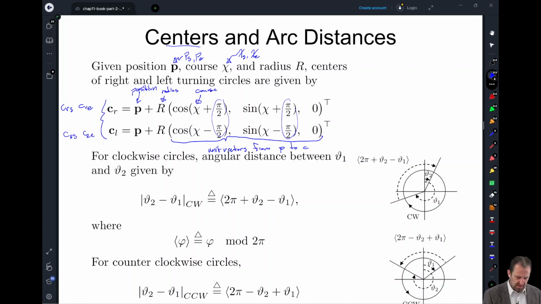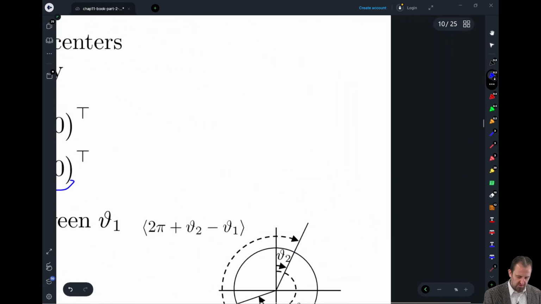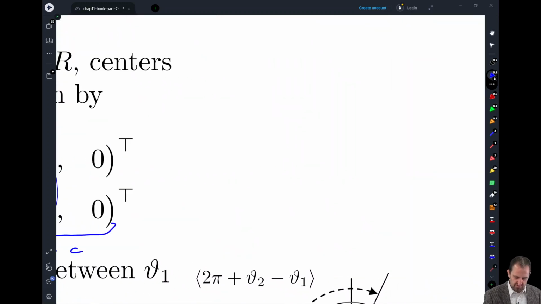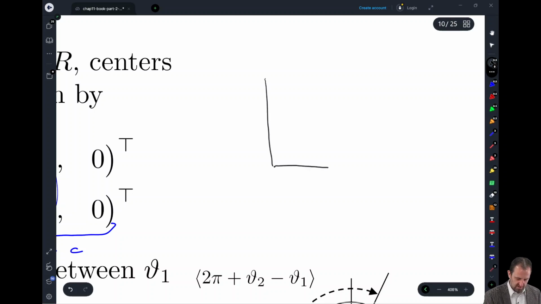Okay, so let's gain a little bit more intuition on this unit vector. So say we have, I'm going to draw our north and our east. And say the orientation, this is going to be P, and this guy right here is our orientation.